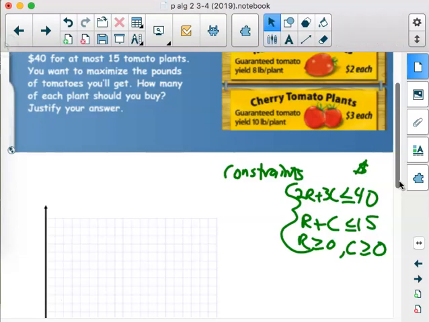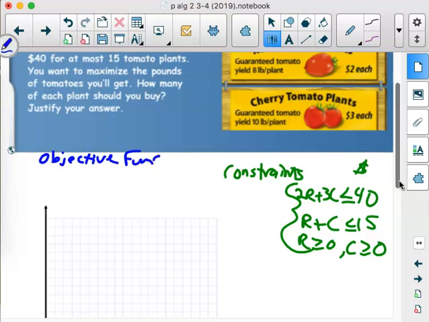Now, we also need an objective function. How to write that was actually in the problem, because it says you want to maximize the pounds of tomatoes. So I think I'll use P. But since that was about pounds, and that's my total, there must be some other stuff about pounds up here that I didn't notice before.